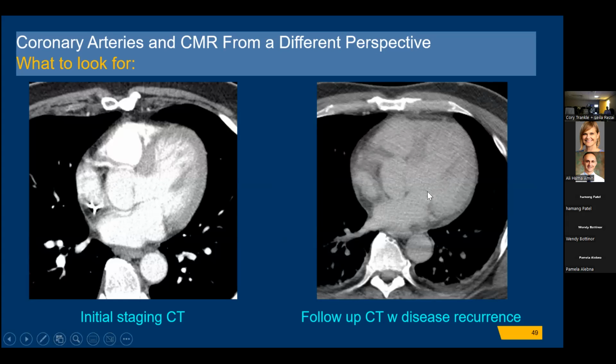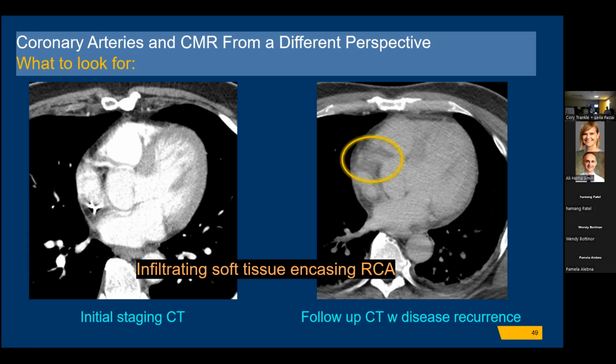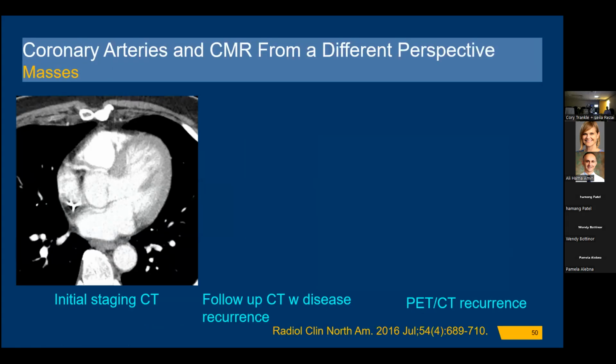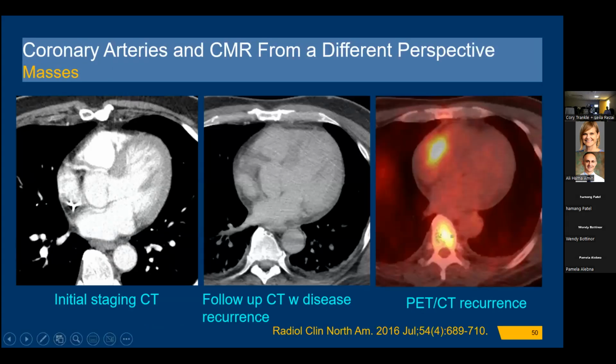which was done after a few months, the patient came back with disease recurrence. You see there is an infiltrative process within the atrioventricular groove, and it's encasing the right coronary artery. Although this is very difficult to pick up, one has to be aware of it. The patient happened to have a PET scan at the same time.